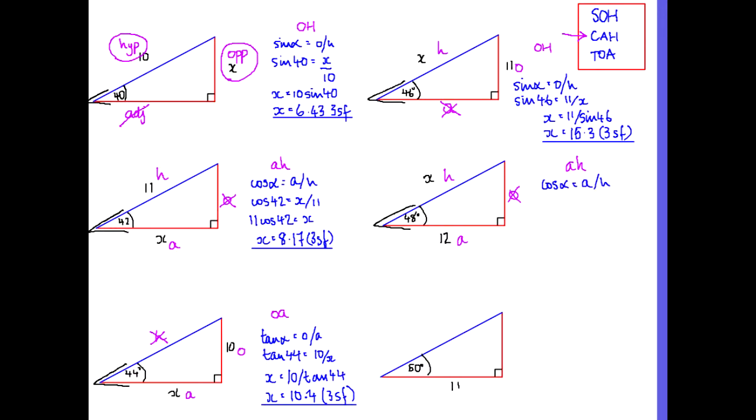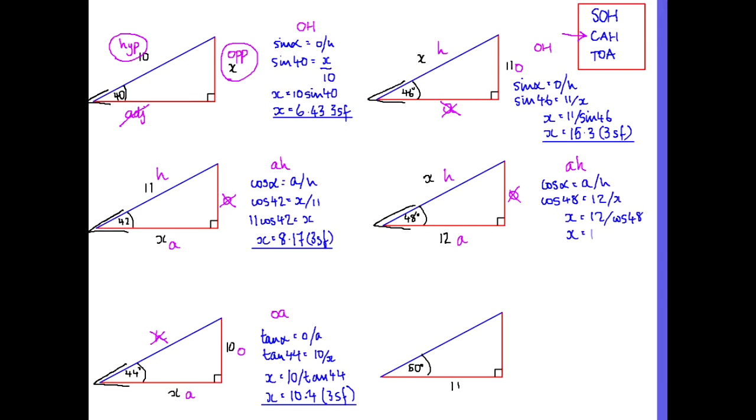And so I write down cos of angle is A over H, substitute my values in, angle's 48, the adjacent side is 12, and x is my unknown. Rearrange it to make x the subject, and to do that, I multiply both sides by x and divide both sides by cos 48. So I get x is 12 divided by cos of 48.